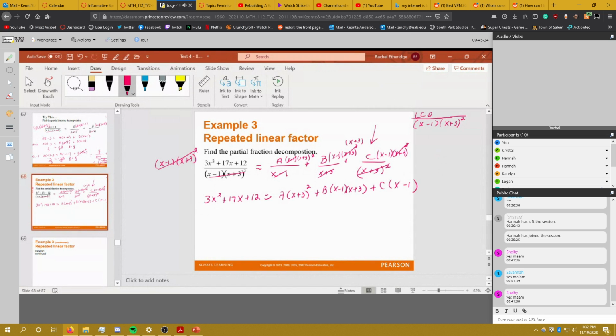So now I need to choose my x values that will eliminate one of those terms. So let's start with x equals -3. -3 will make this one go to 0 and this one go to 0.